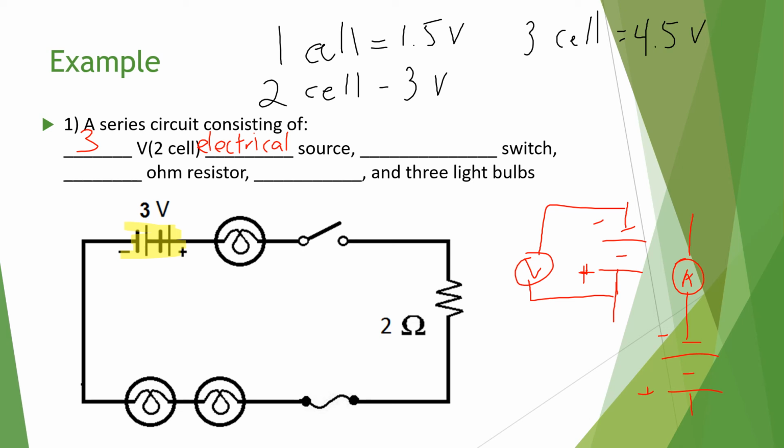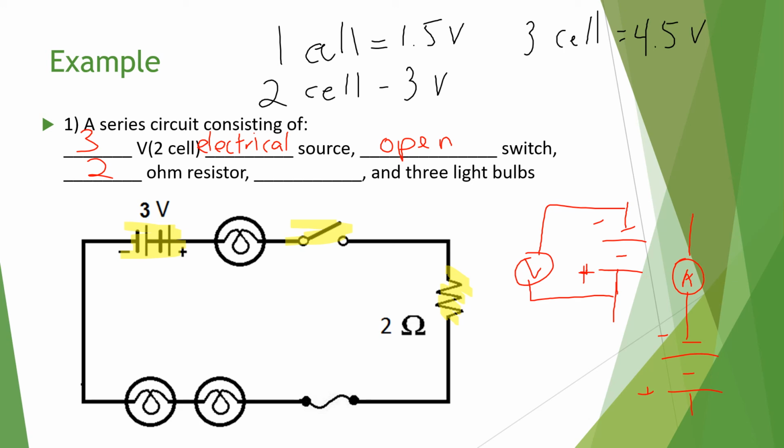And then a blank switch. So we have our switch right here. Is this open or closed? In our symbols, we learned that that is an open switch. Then blank ohm resistor. When we talk about resistance in our next lesson, you're going to learn that resistance is measured in ohms. But at this point, we do know that this is the resistor symbol, so that is going to be 2 ohms.